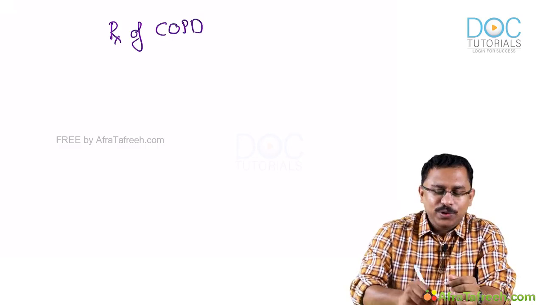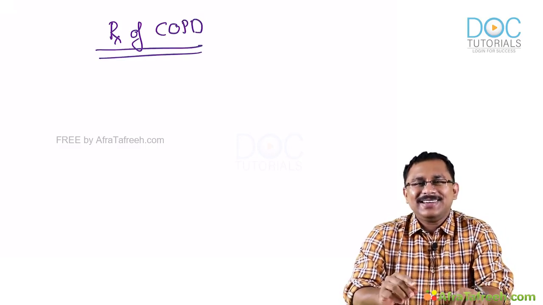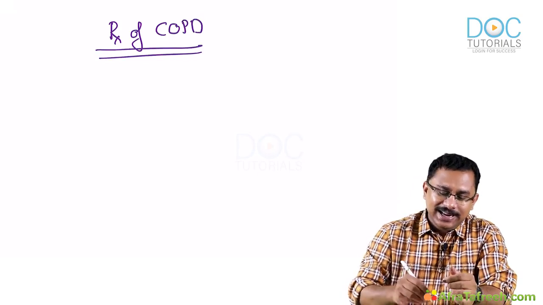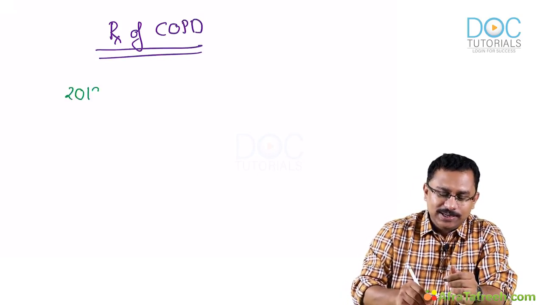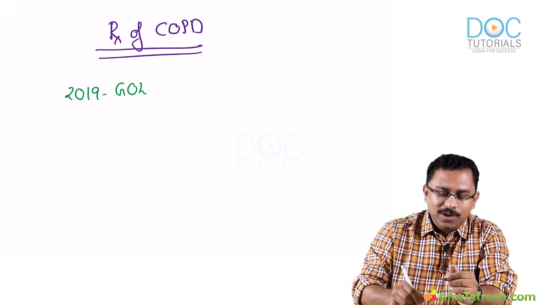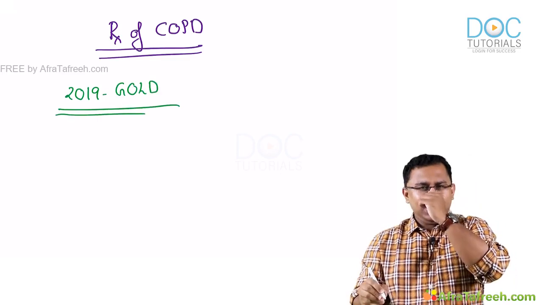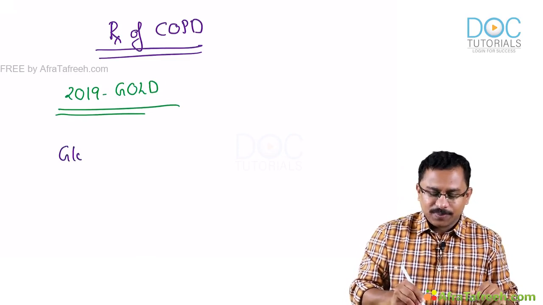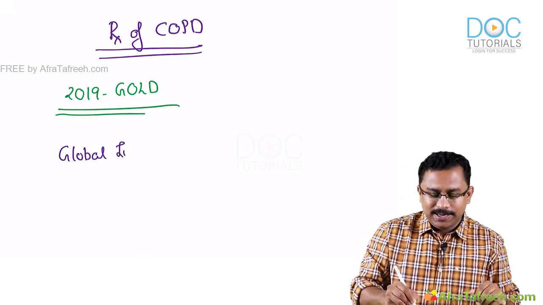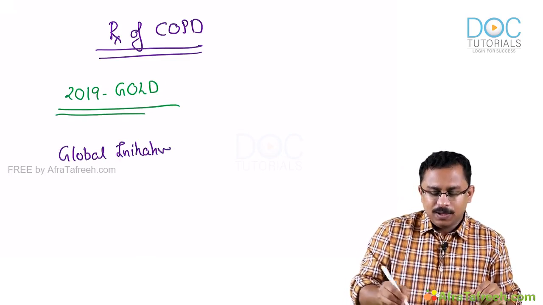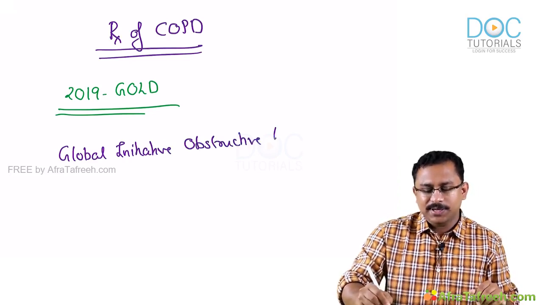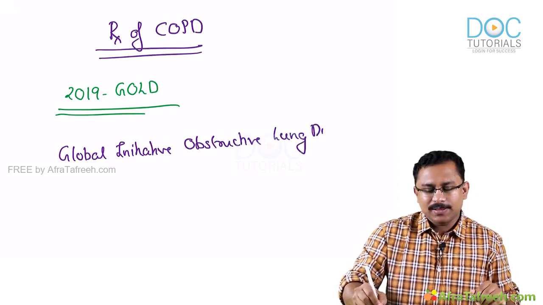So remember I told you to begin with that for treatment of COPD, you have got the guidelines, that is the 2019 GOLD guidelines. Now what is this GOLD? It is the Global Initiative for Chronic Obstructive Lung Disease.